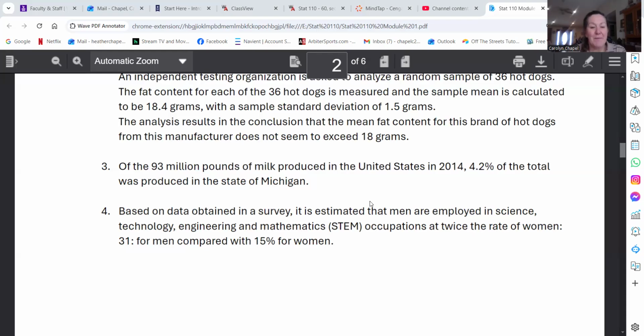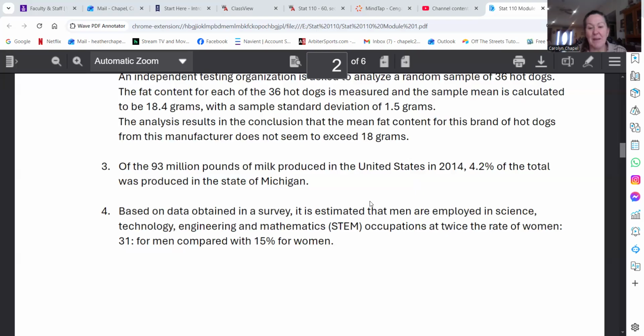Number 4, based on data obtained in a survey, it is estimated that men are employed in science, technology, engineering, and mathematics, that's referred to as our STEM areas, occupations at twice the rate of women, 31% for men compared to 15% for women. Again, they did some estimating.